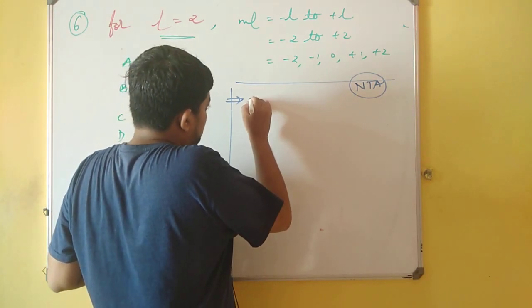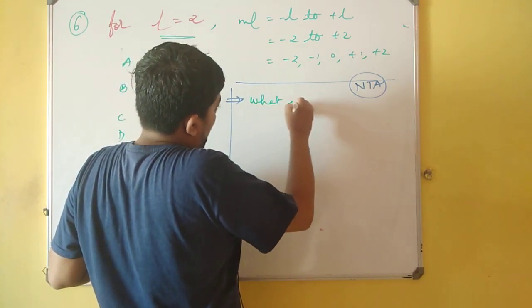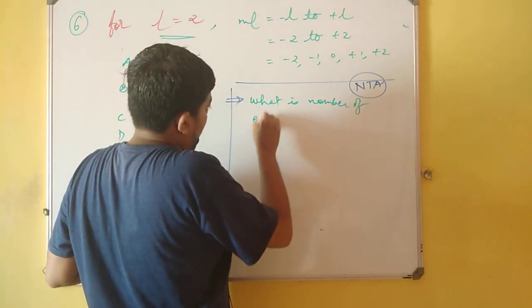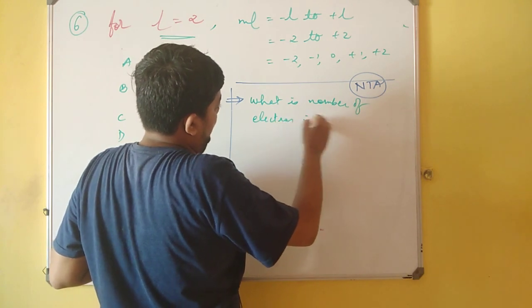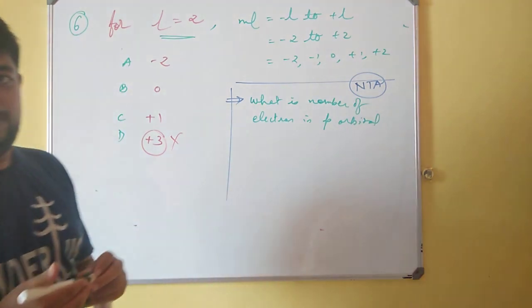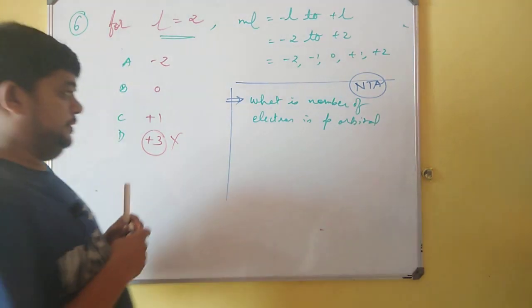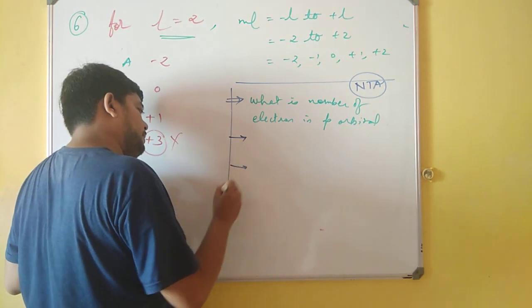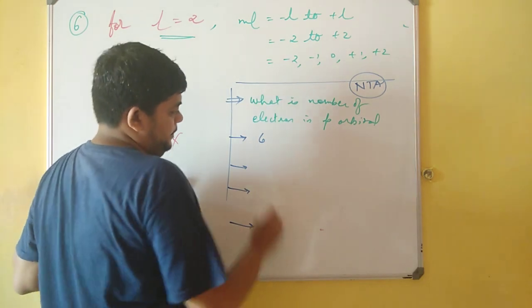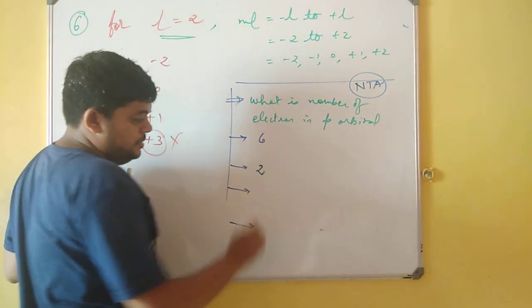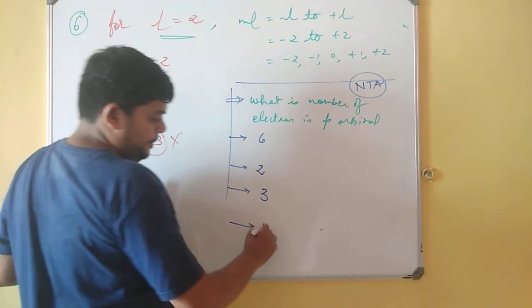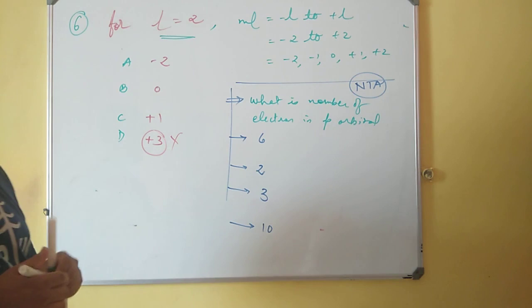The question was, what is the number of electrons in p orbital? The answer had 4 options: 6 electrons, 2 electrons, 3 electrons, and 10 electrons.